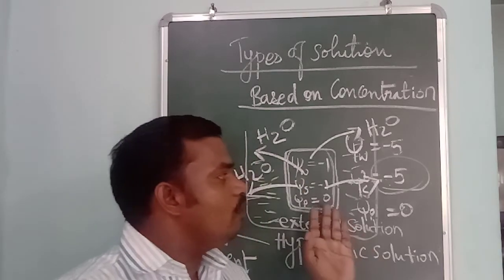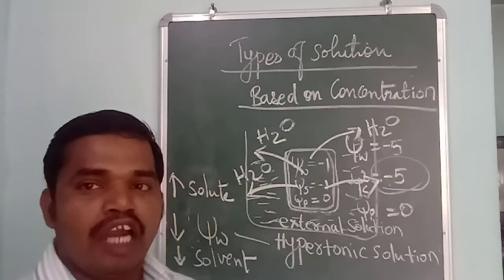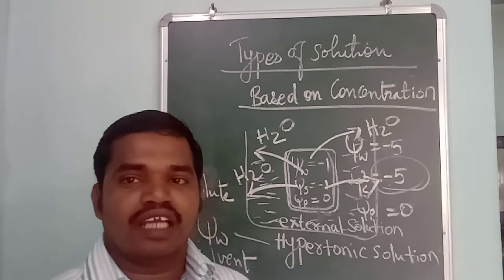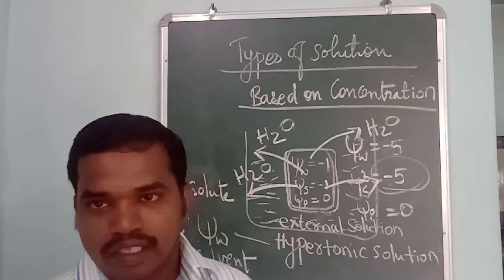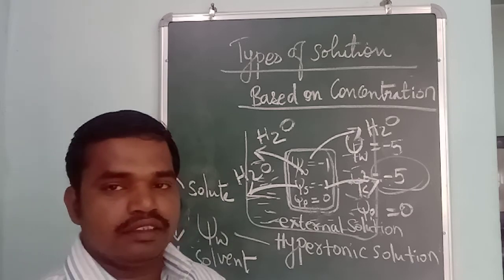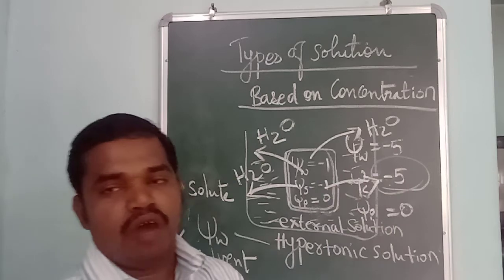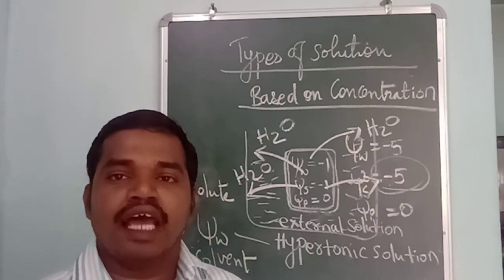When the water molecules come out of the cell, what will happen? The cell starts to shrink. First the water molecules come out of the cytoplasm, followed by the vacuoles of the cell. Once the water molecules come out of the cell to the external solution, the cell size is changed.